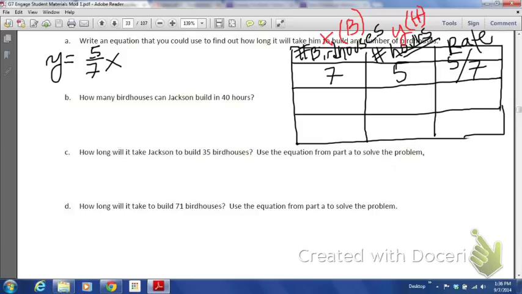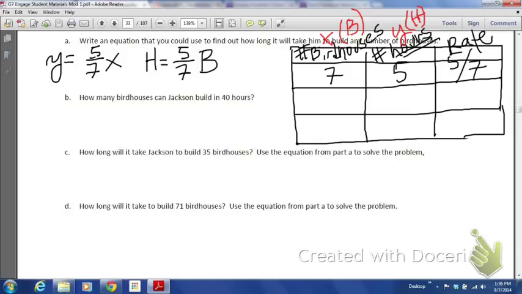Or, if you wanted to use variables b and h, h being hours, then hours equals 5/7 b. Okay. So we can find out how long it will take to build any number of birdhouses by plugging the number of birdhouses into our formula. Okay.